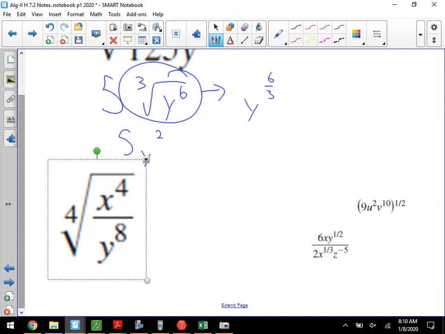Again, 4th root of x to the 4th over y to the 8th. Well, you just have to take the 4th root of both the numerator and the denominator. What's the 4th root of x to the 4th? X, just 1x, right? What's the 4th root of y to the 8th? So this is x over y squared, and you're done.